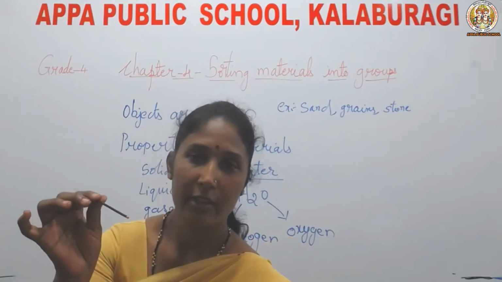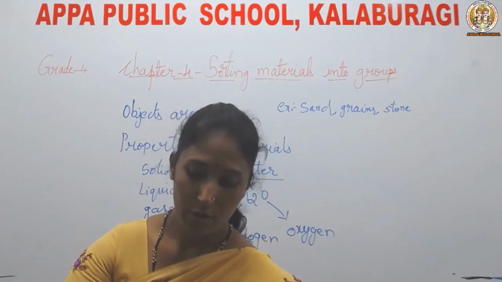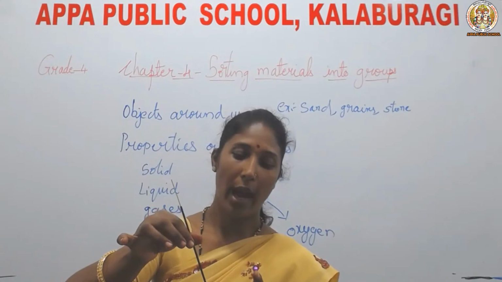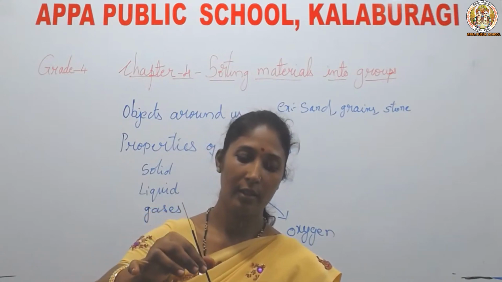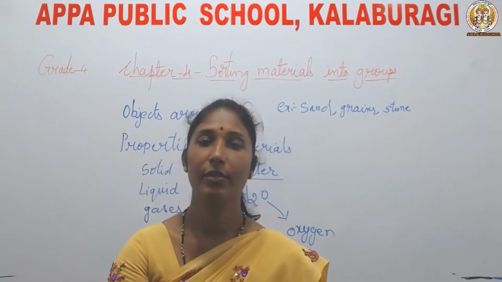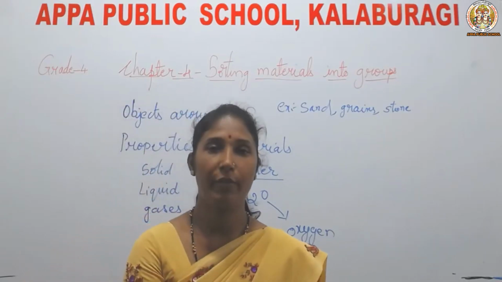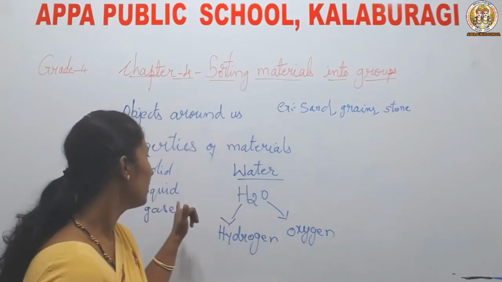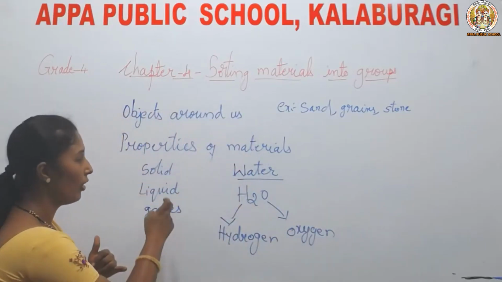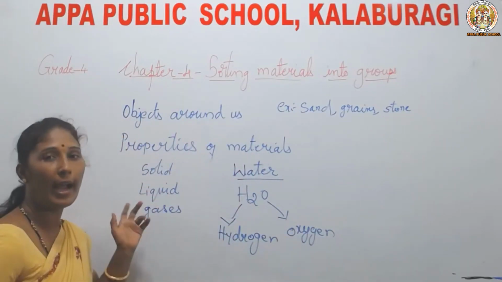In that agarbatti, some gases are coming out. You see, we add it to water. Yes, the gas is fully dissolved in the water. So these are some examples of soluble and insoluble substances in the solid form, liquid form, and gaseous form.